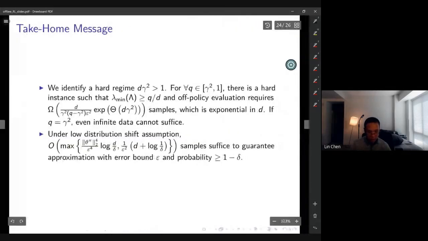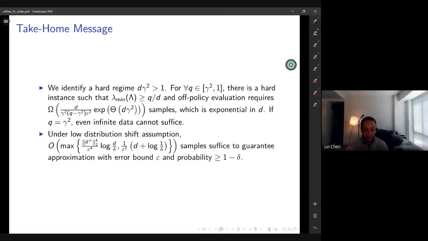Okay, just to recap, in this paper we identify a hard regime, d gamma square greater than 1, and for any q between gamma square and 1, there is a hard instance such that the smallest eigenvalue of the feature covariance matrix is greater than q over d, and the off-policy evaluation requires exponentially many samples.